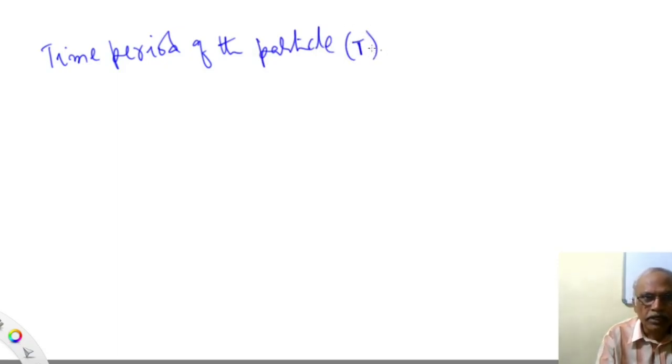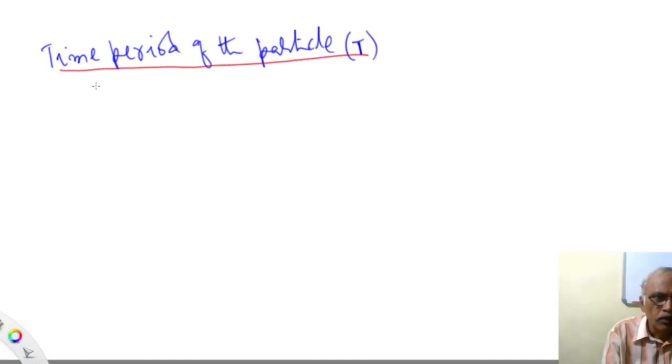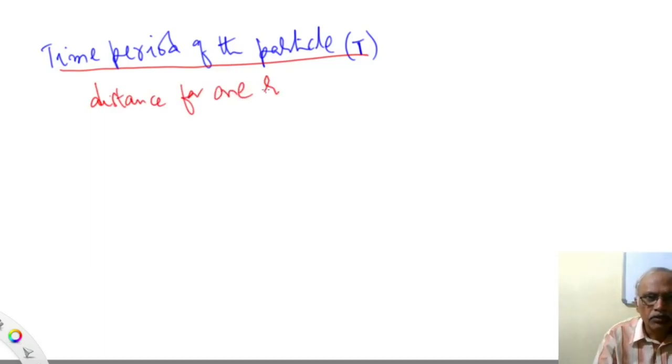How do you get time period? Time period is the time taken for one revolution. What is the distance for one revolution? The distance traveled for one revolution is 2 pi r, the perimeter. And what is the speed of the particle?